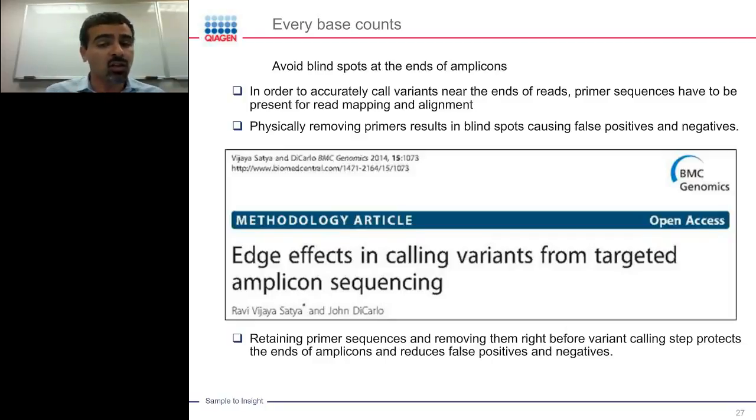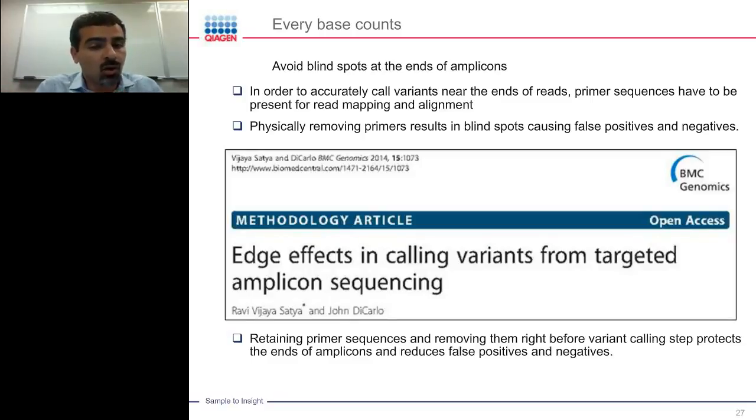Approaches that digest off the primer sequence can end up with false positives and negatives, as I will show you in the next slide in a paper that was published earlier this year. But the concept of these blind spots towards the ends of the amplicons has been described by our group here in a paper published late last year in BMC Genomics, where they describe the importance of keeping primer sequences up until the variant calling step.